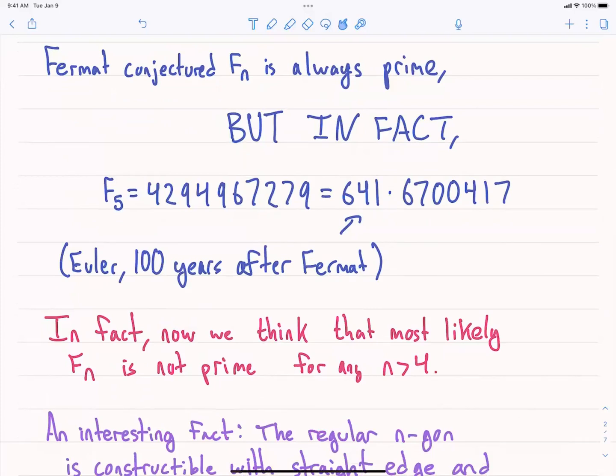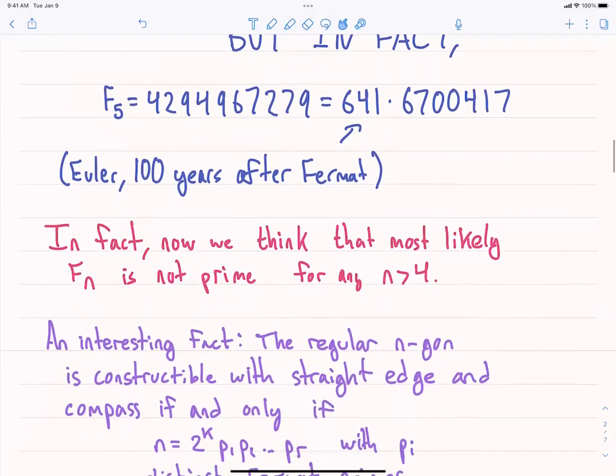Okay, and these are just some numbers right now, so you might ask, why do we care? Just like Mersenne primes were interesting because they were related to perfect numbers, Fermat primes are interesting in relation to some other problems in number theory and geometry.